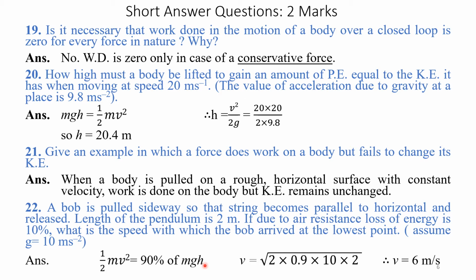To find the speed, rearranging this equation, m gets cancelled, and v is equal to the square root of 2gh. Putting the values, we get v equal to 6 meters per second.